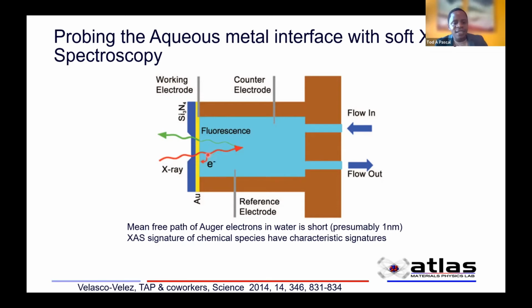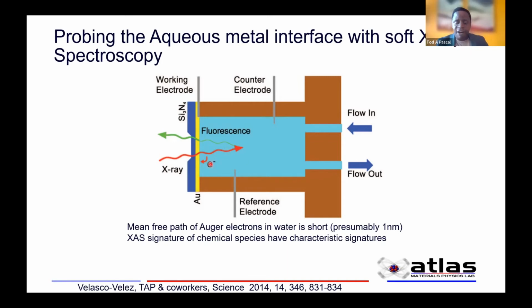What this means is that the only electrons that are going to reach our current collector, which is our working electrode, are the ones from molecules within about a nanometer of the electrode or so. And then you can effectively take the current that comes out of your current collector, chop it up with a chopper, and resolve the resulting X-ray absorption spectra from that.